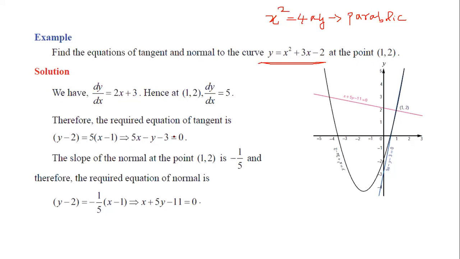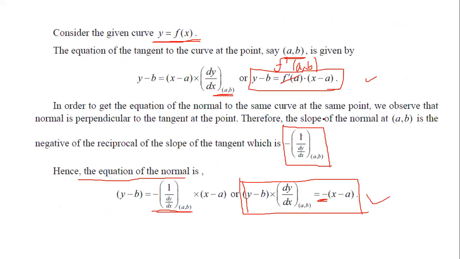Therefore, the required equation of the tangent is y minus b equal to f dash of (a, b) into x minus a. So here a is 1, b is 2. See the equation of the tangent: y minus b equal to x minus a into dy by dx at (a, b).